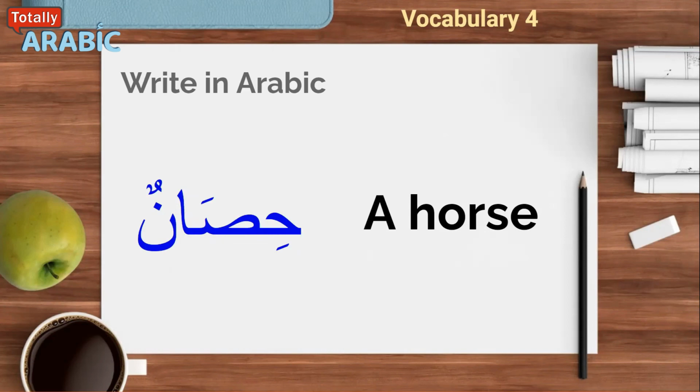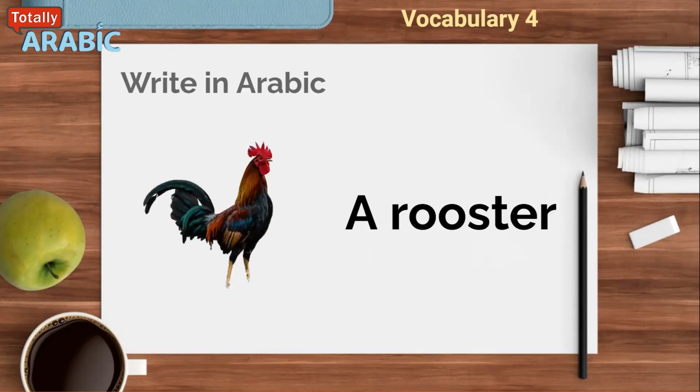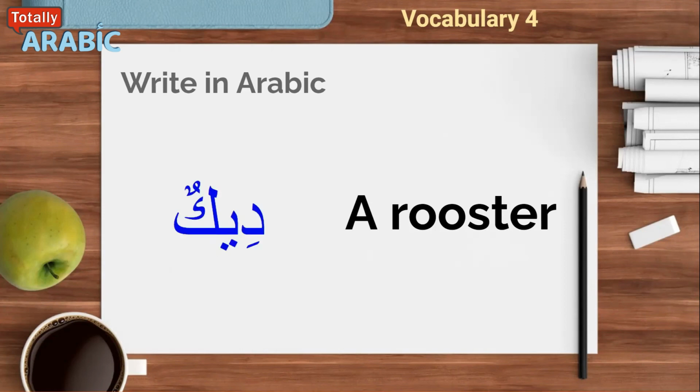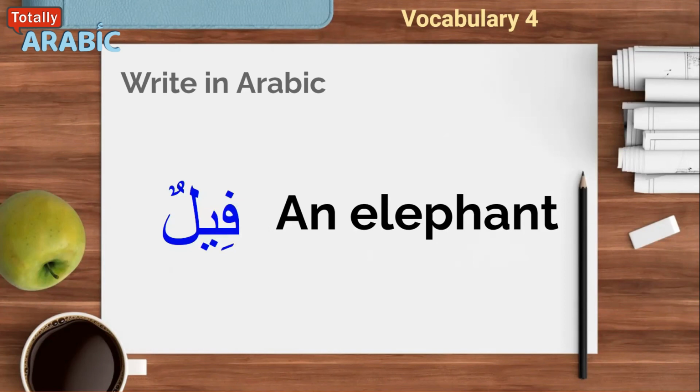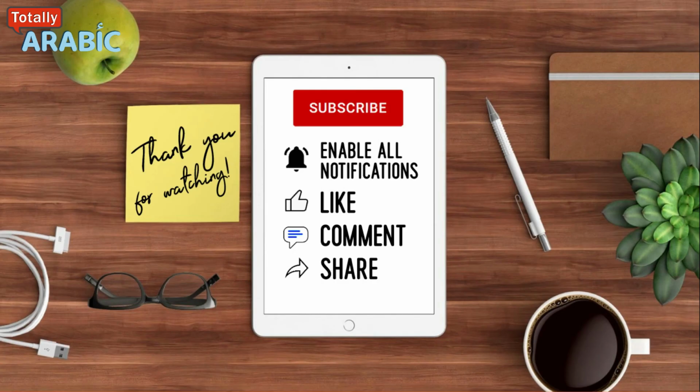A rooster is on the screen. 3 letters. An elephant is on the screen. 3 letters.